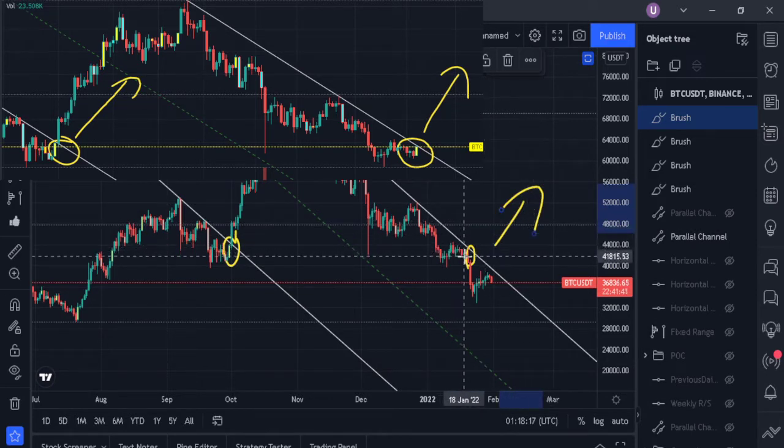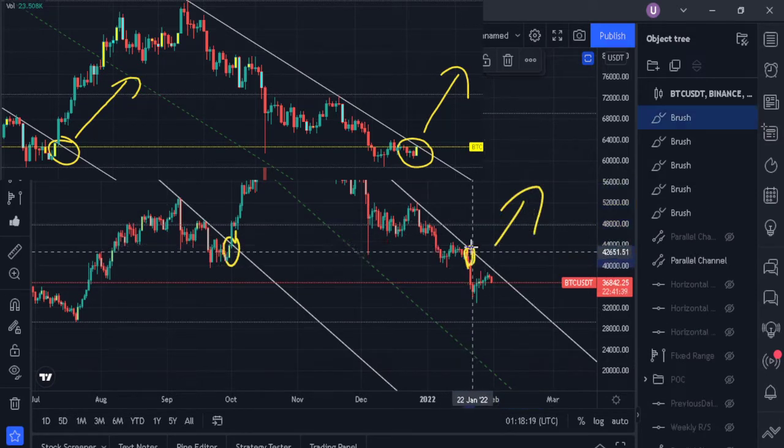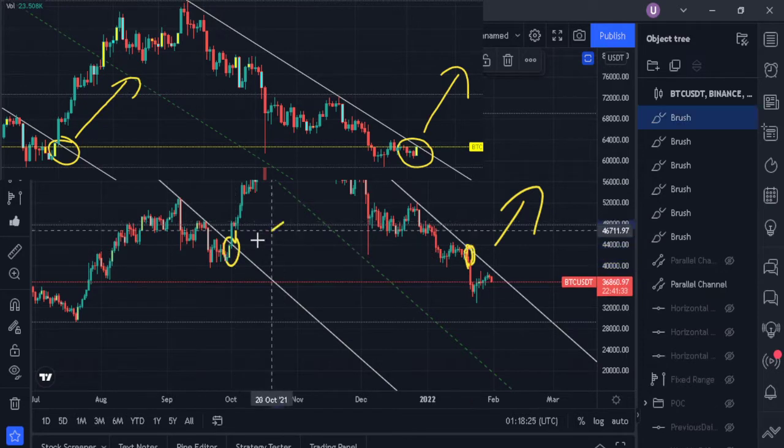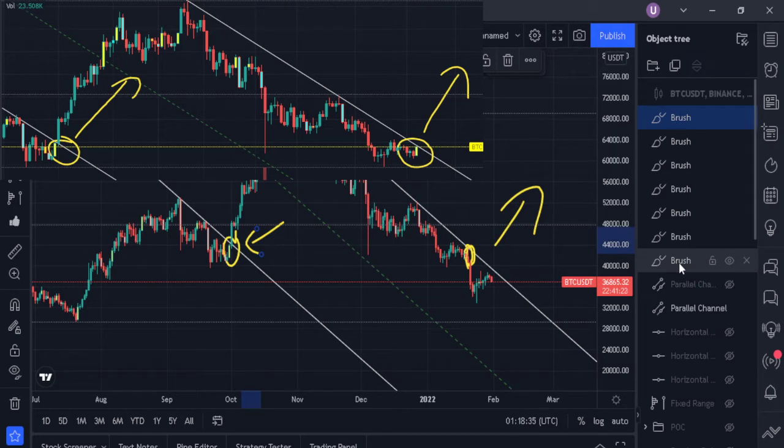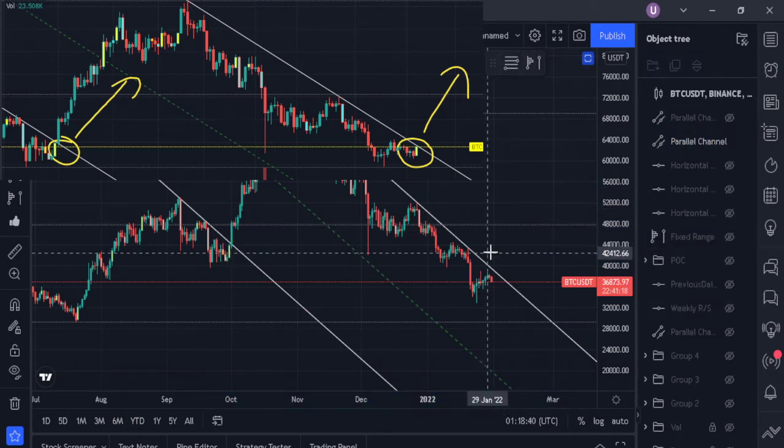But like we said, if this candle is to close on the daily full greenish, that would be a bullish sign for a potential long entry. But what do you say, guys?